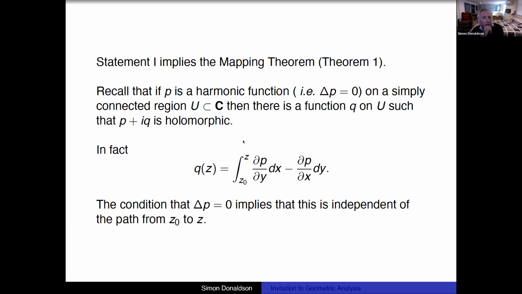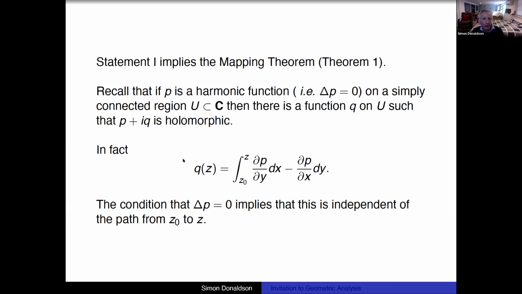On the other hand, the first statement implies the mapping theorem with a few additional arguments. We should recall that if we have any harmonic function, the Laplacian of the function is 0, on a simply connected region, then we can find another function, so the first function is p, the second one is q, we can find q so that p plus iq is holomorphic.